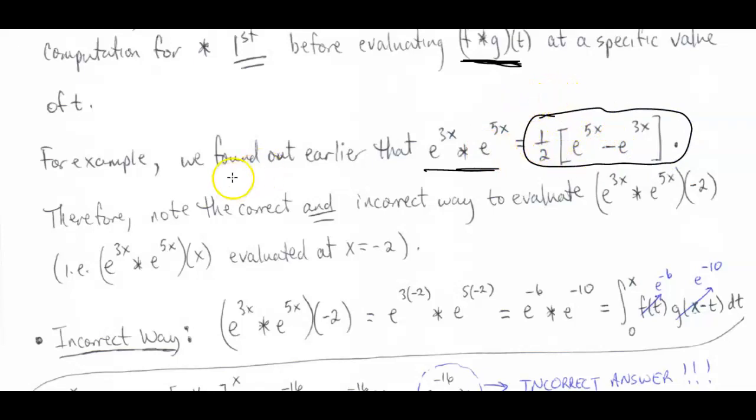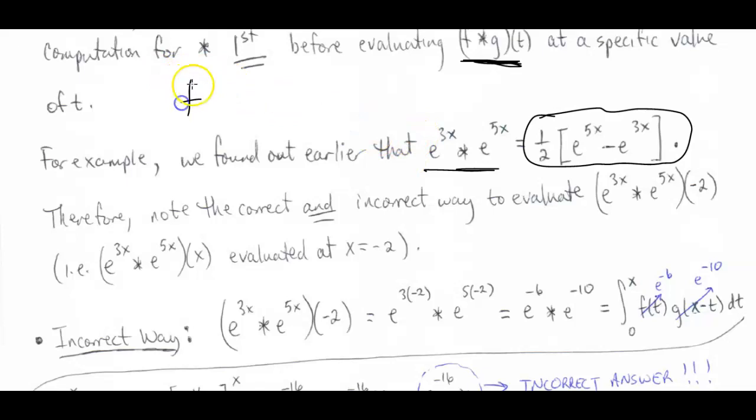Okay. Now, part of the reason why I like putting the parentheses around the two functions that we're convolving is because, at least to me in my mind, it helps me to remember what operation to do first. Okay.